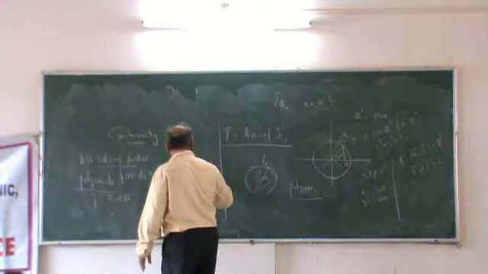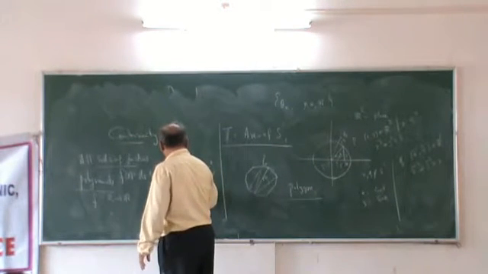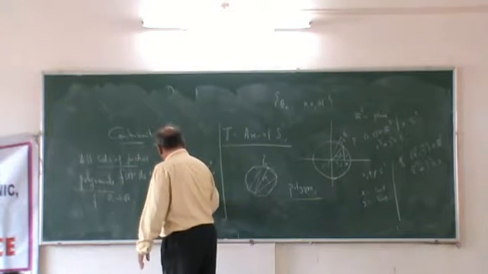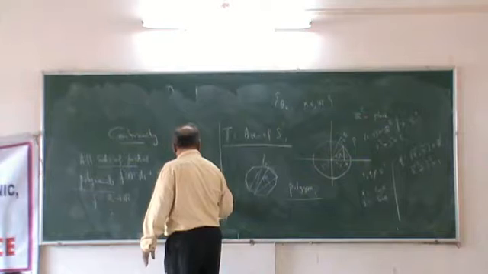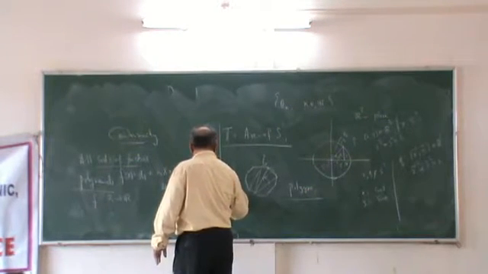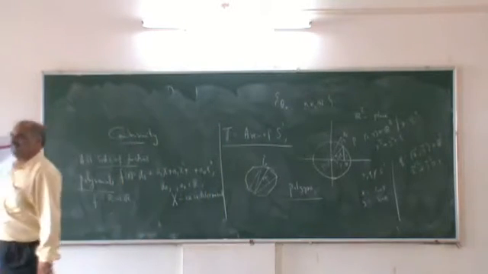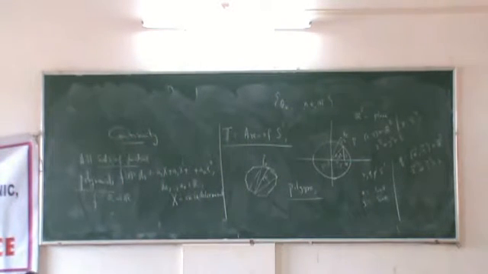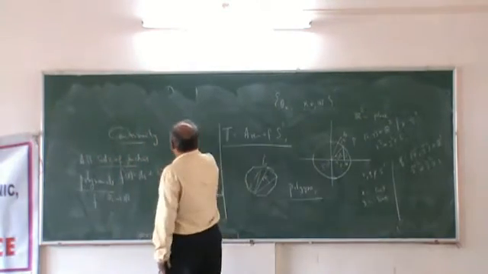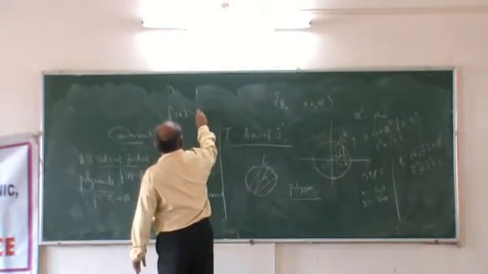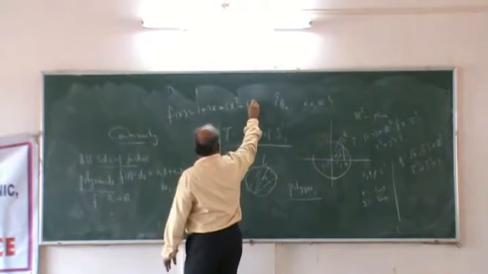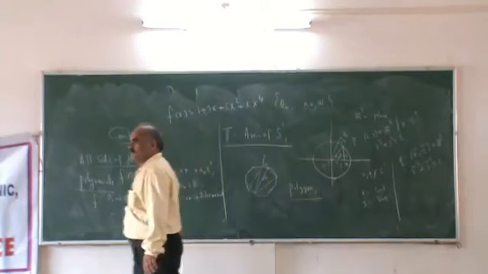Sum of a_n x raised to n, where x is an indeterminate or some variable. This is a polynomial defined over R. It's a polynomial.